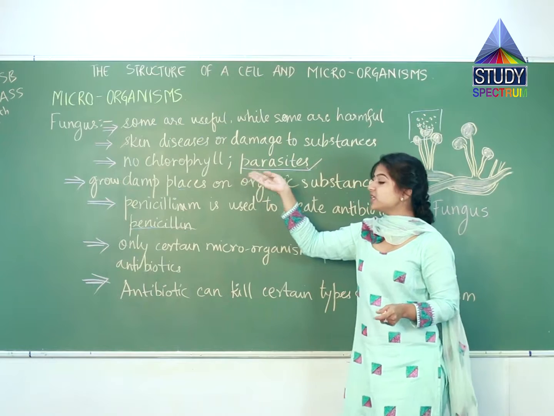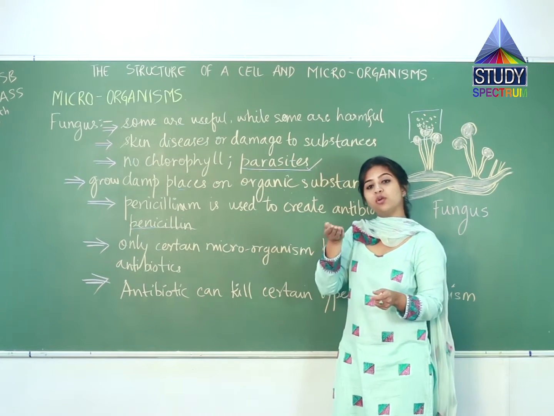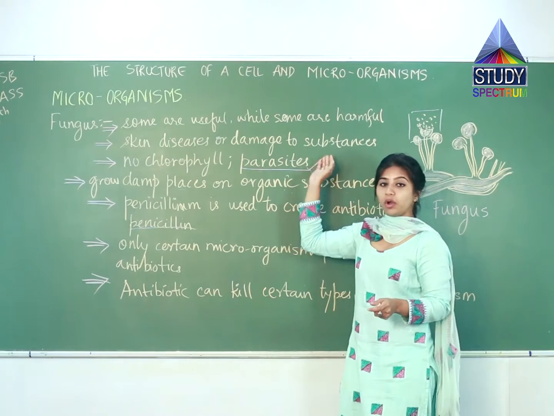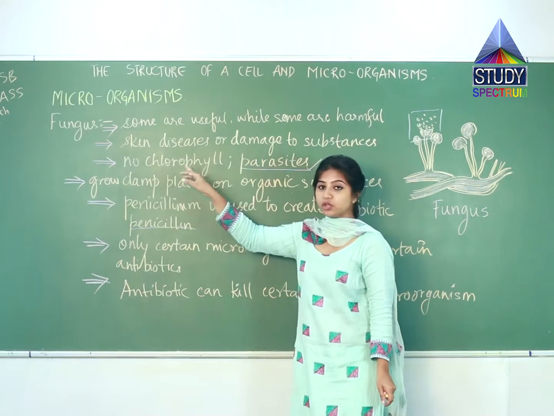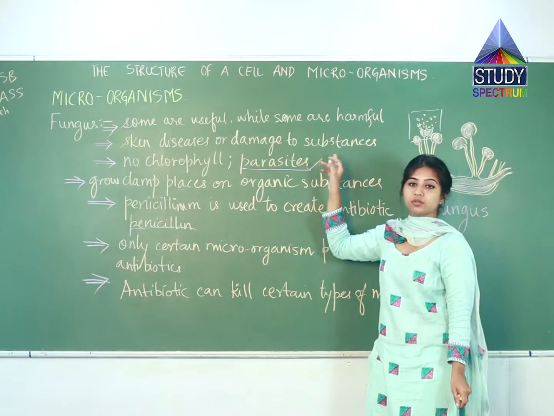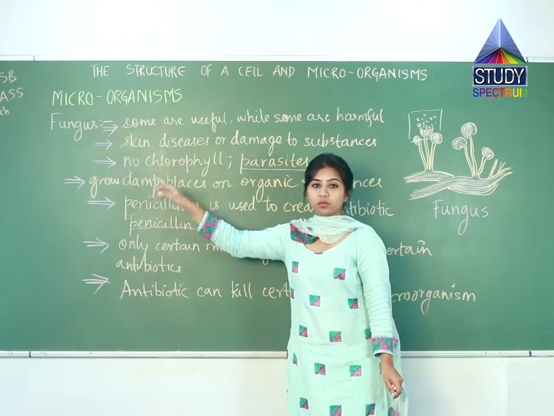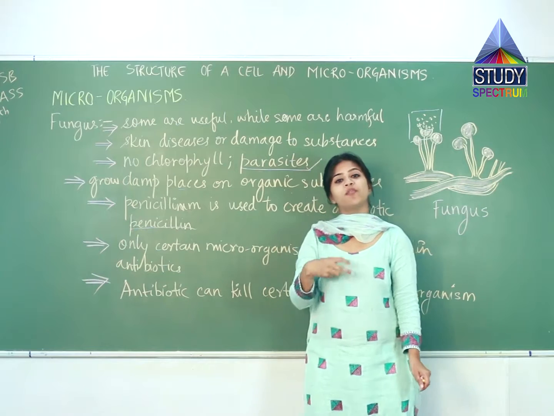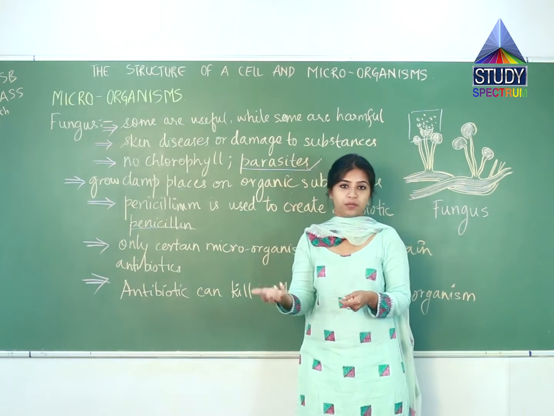In fungus, there are some funguses that are useful, while there are certain funguses that are not helpful at all. The funguses that are not useful would be the ones that cause skin diseases or damage to substances. Since they have no chlorophyll, they cannot perform photosynthesis, and they are not autotrophs, obviously.